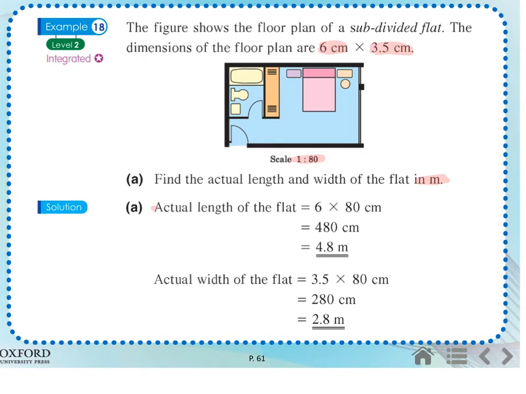The length is 6 times 80, and the answer is in cm, so we have to convert it to meters by dividing by 100. Also 3.5 times 80, we get cm, and divide by 100, we get meters. So this is the actual length.